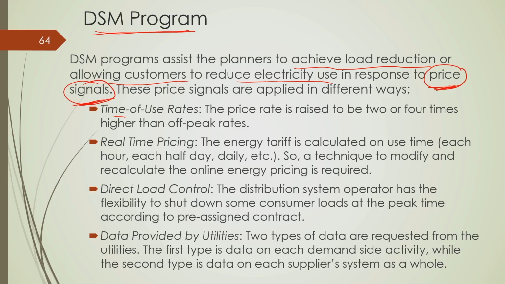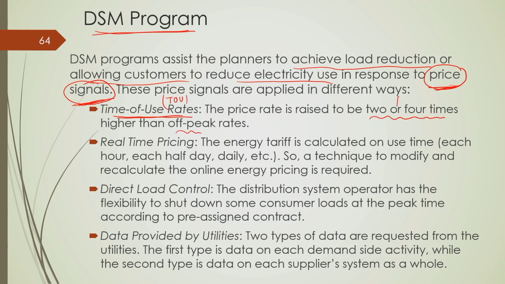And there are many types of energy pricing possible. One is called time of use rate, TOU, okay, where you can make the energy pricing during peak hour 2 to 4 times that of the off peak hour.